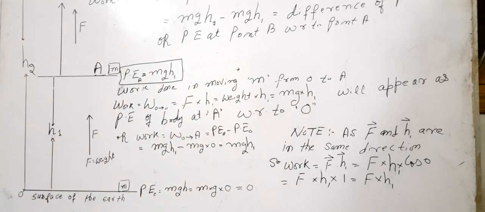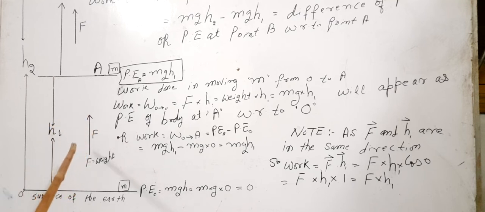But an important thing we must keep in mind is that during this process the velocity of the body is kept constant, because the work which is being done on the body must convert into the potential energy of the body, not into the kinetic energy of the body.